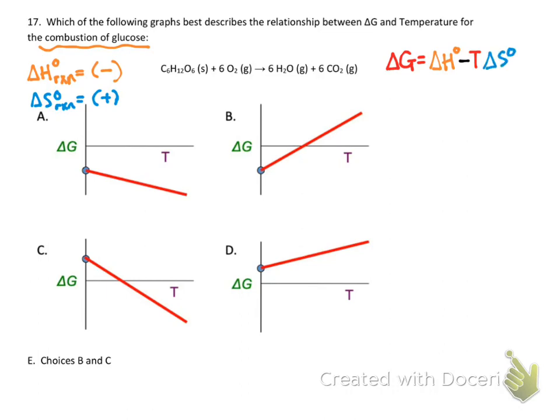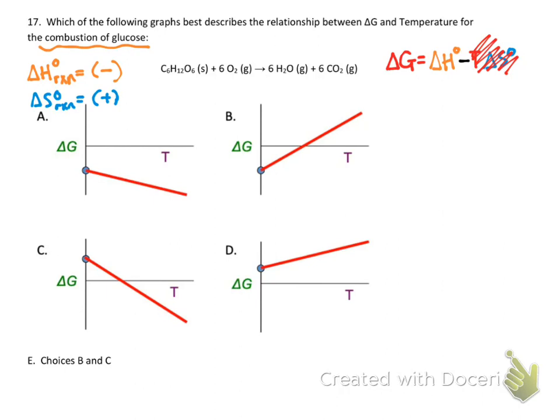Okay, and in order to make a graph like this, I like to think of extremes. So extreme number 1, let's set temperature equal to 0.00000000000004 Kelvin. So that means that if this is equal to practically 0, it's basically going to take this whole term out. And our delta G will be equal to whatever our enthalpy change is.